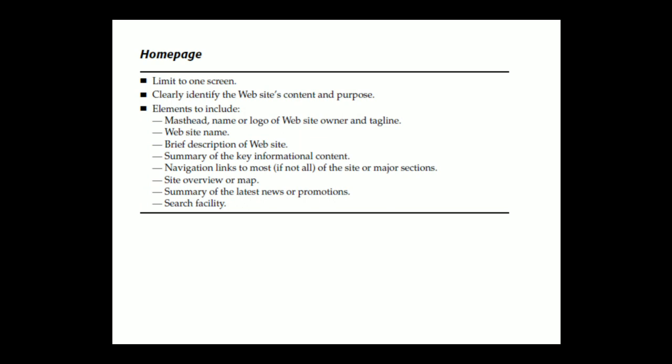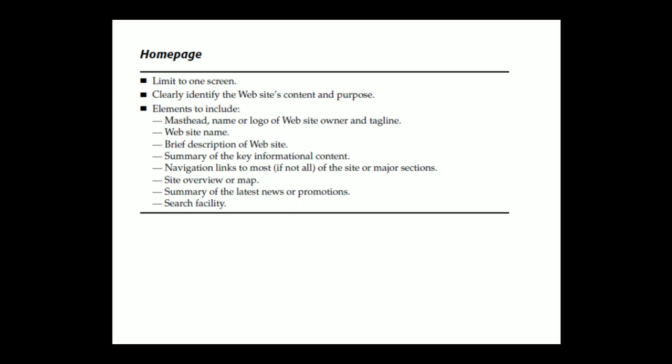So, the elements that are included on the home page are the logo and tagline. It should have proper content. The purpose of the content should be very clear, and it can have other elements such as a map, navigational links or major sections, a small amount of useful content, and a search facility.